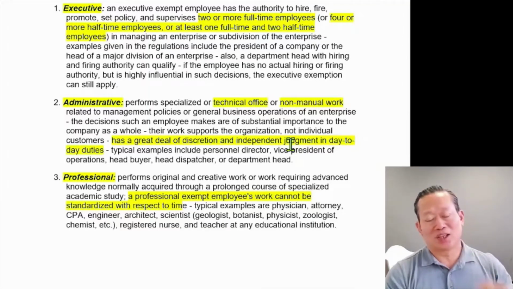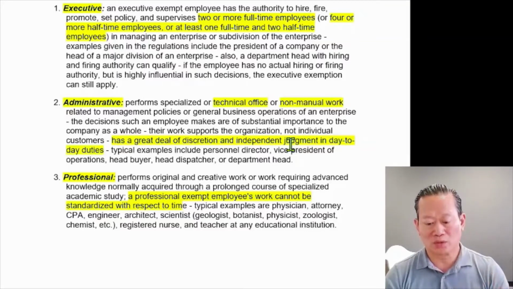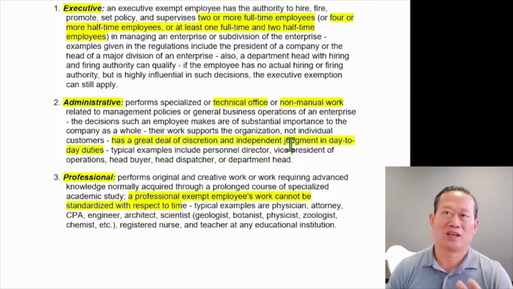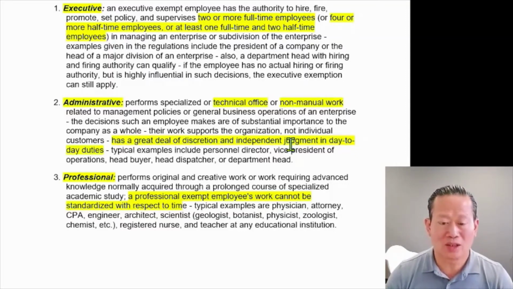Number 2 is that you have to be able to hire and fire or promote or set policies. And the reason why is that some people have just input on hiring and firing. That's okay. You can still satisfy the executive exemption category.